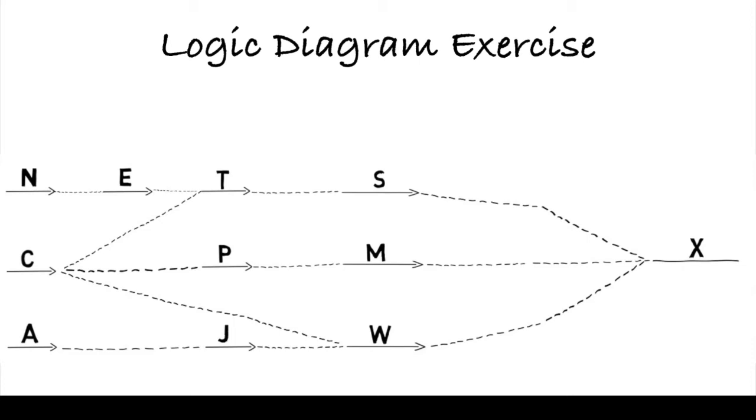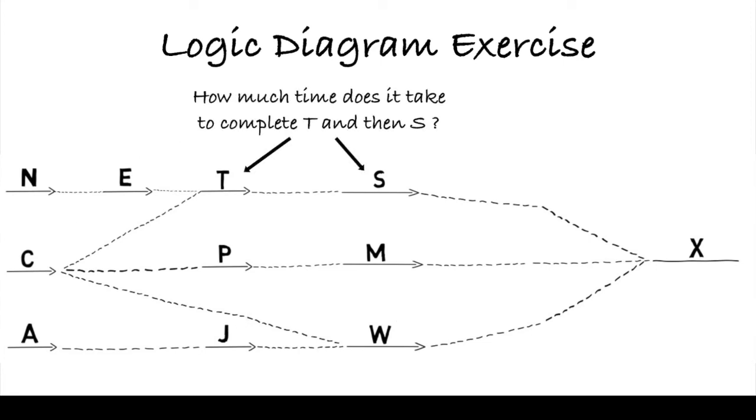Before we move to the next lesson, let's change the way we look at this chart. For a moment, imagine that each of the letters represents a task to be completed. The chart tells us the order in which each task has to be done, but not how much time is involved to finish each one.